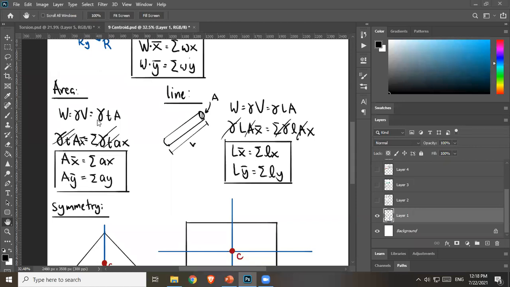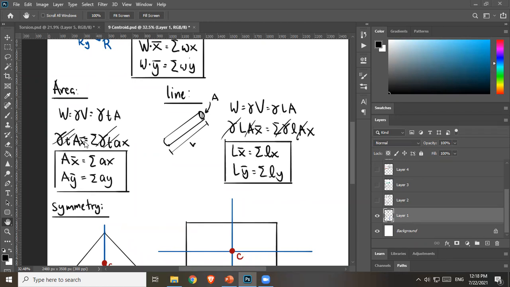If you have an object that has uniform thickness, that volume is just equal to the cross-sectional area multiplied by thickness. So V is equal to T times A. Okay? And then we're going to use that. So unit weight times thickness times total area A times x bar.